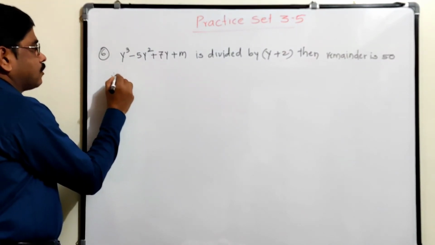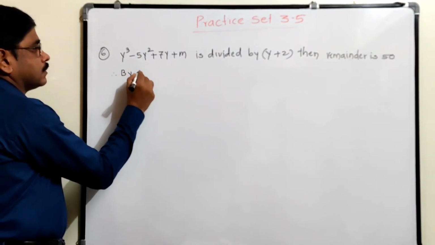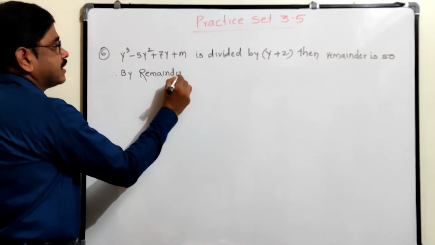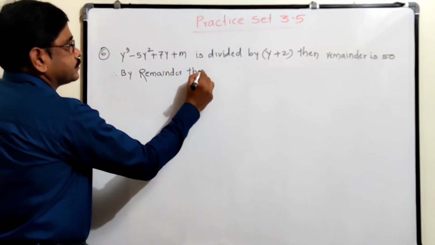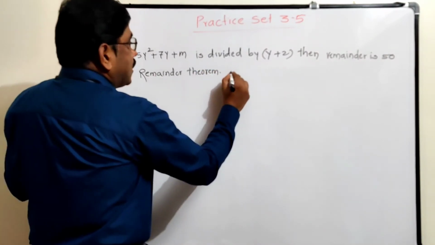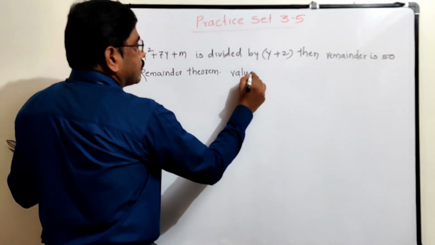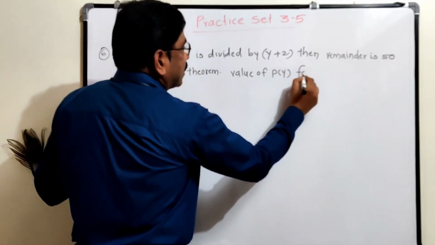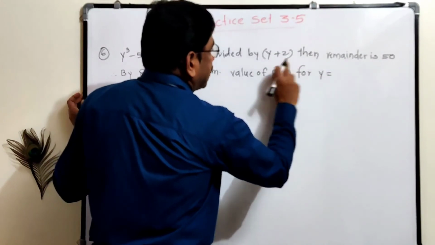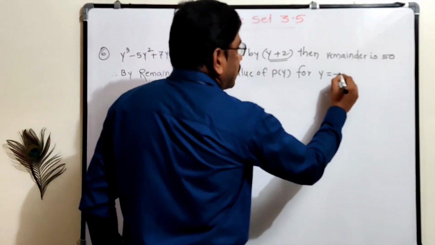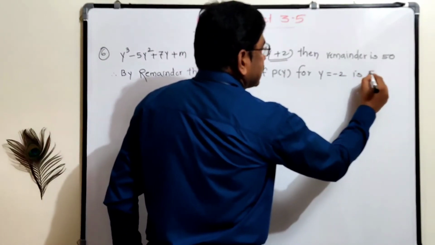The remainder is 50, therefore by the remainder theorem, the value of p(y) for y is equal to minus 2 is 50.